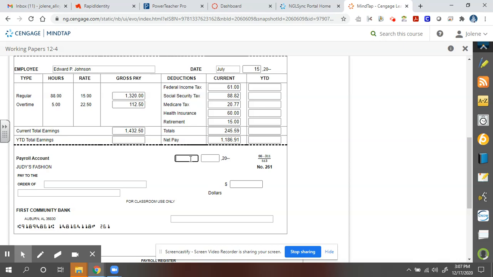So this is July 15, paid to the order of Edward P. Johnson. He's getting $1,186.91. And we have to spell it out.